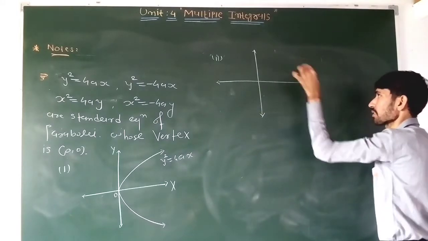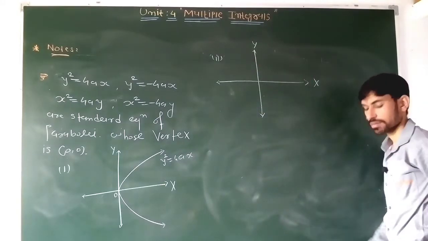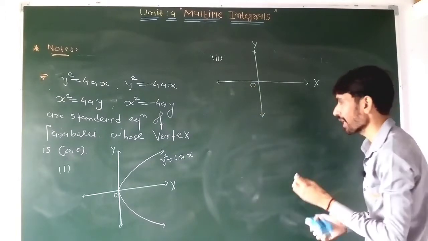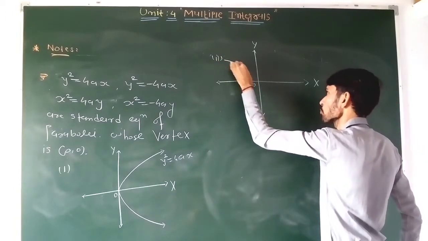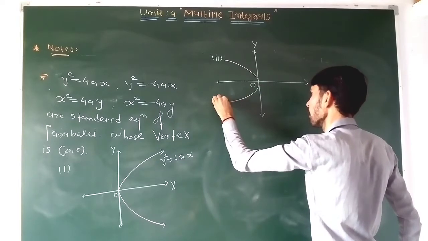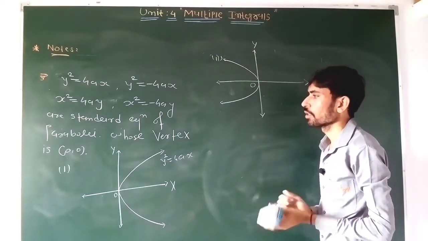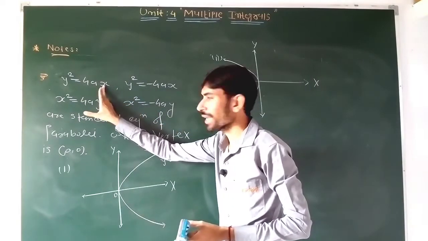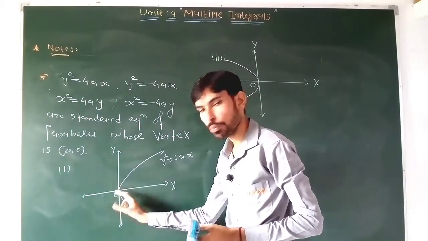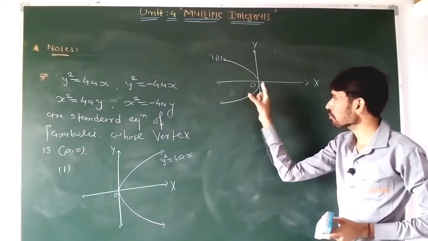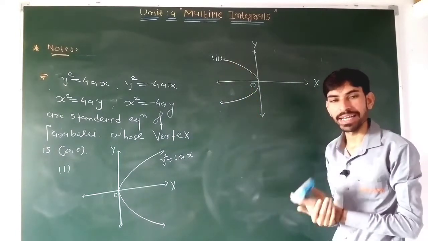This is the x-axis and this is the y-axis. This is our origin. So y square is equal to minus 4x passes through the origin and opens toward the negative x-axis. Y square is equal to 4x passes through the origin and opens toward the positive x-axis. Y square is equal to minus 4x passes through the origin and opens toward the negative x-axis.